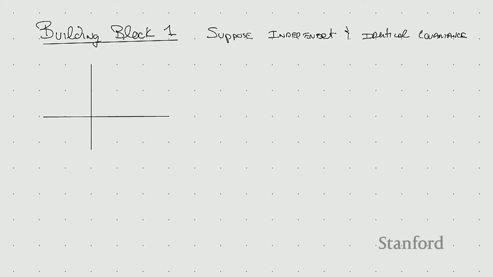What this means is that our model of Gaussian noise has sigma equal to sigma squared I. The only free parameter is this sigma squared, which is a scalar. So how many free parameters are there? Precisely 1, right? The covariance is sigma squared times I.